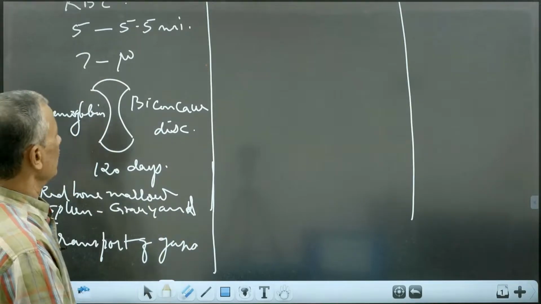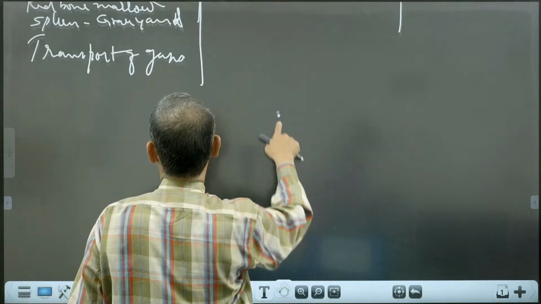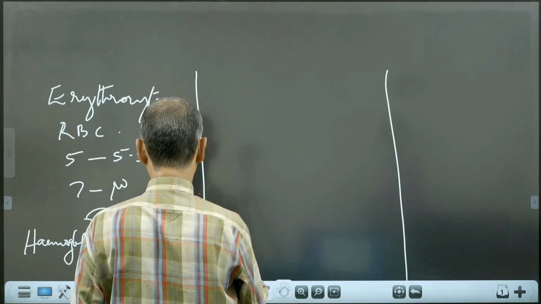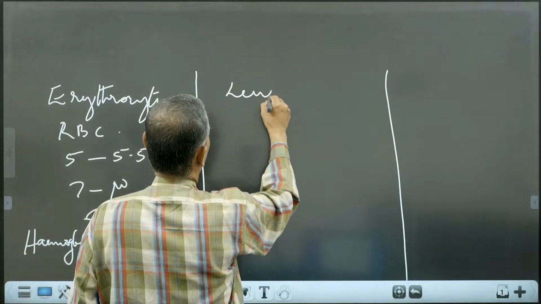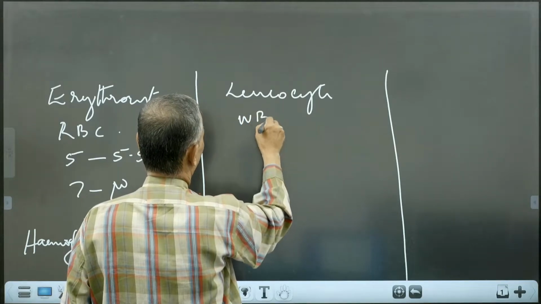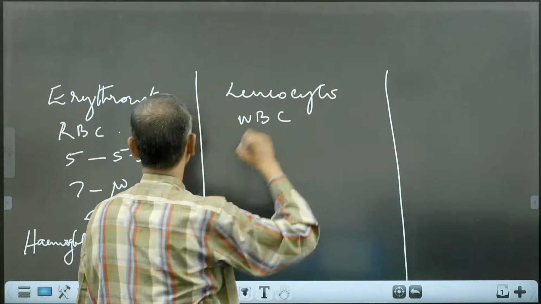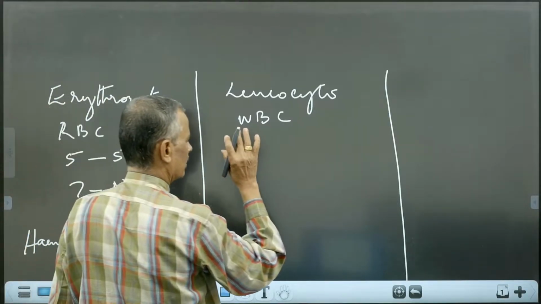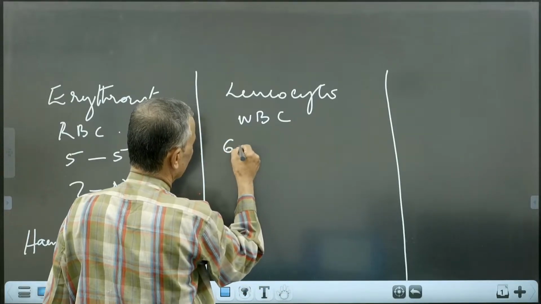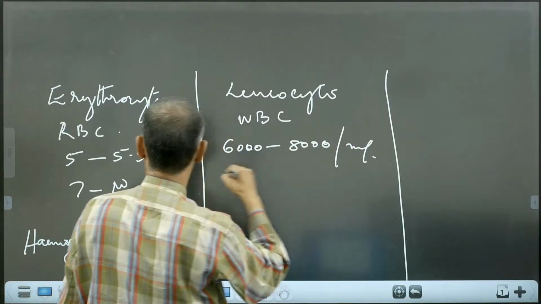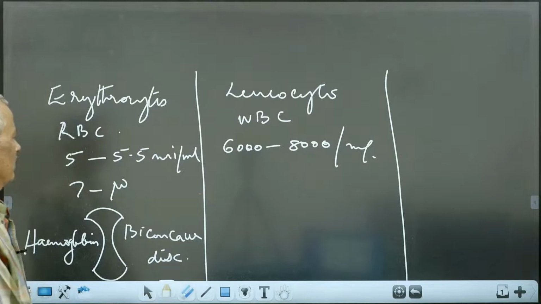Okay. Now, coming to the second. They are called leukocytes. Leuko means colorless, white. So they are called white blood cells. Their number will be least because they will be having 6,000 to 8,000 per ml of blood. And their size will be larger.